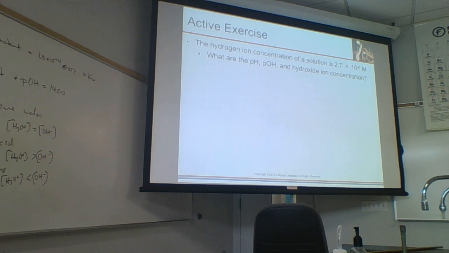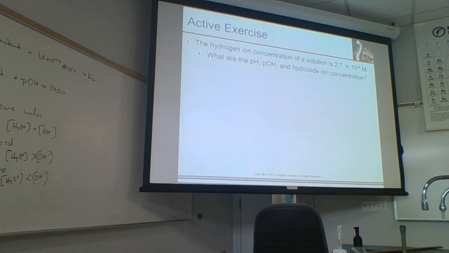It's 2.7 times 10 to the minus 6. I misread it, sorry. 5.56. So it's between 5 and 6, as we predicted. 5.568.